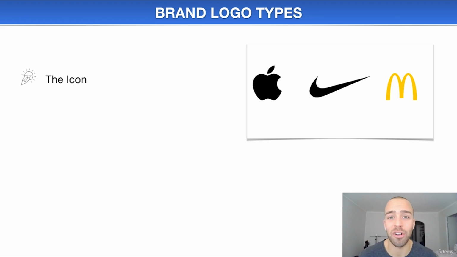So it can be hard to remember you by if you don't have a magnificent idea that people can really bind your logo to the type of business that you're doing. So the icon is more for the large corporations, the large businesses, and the large brands.